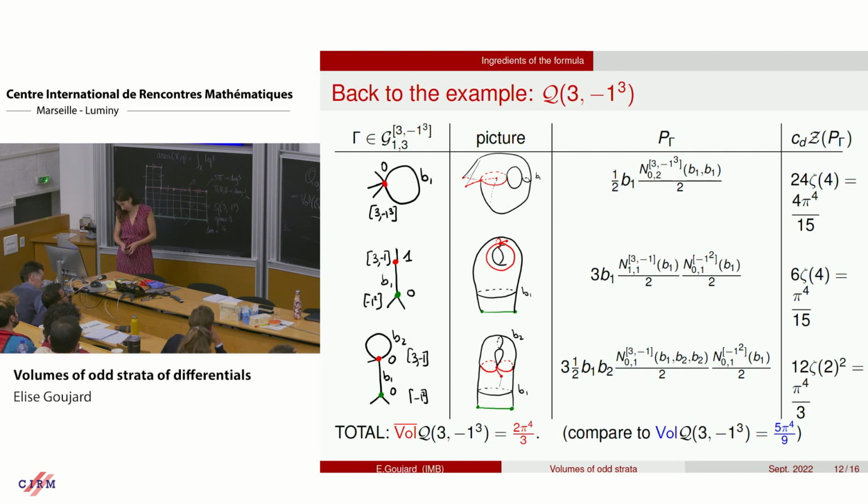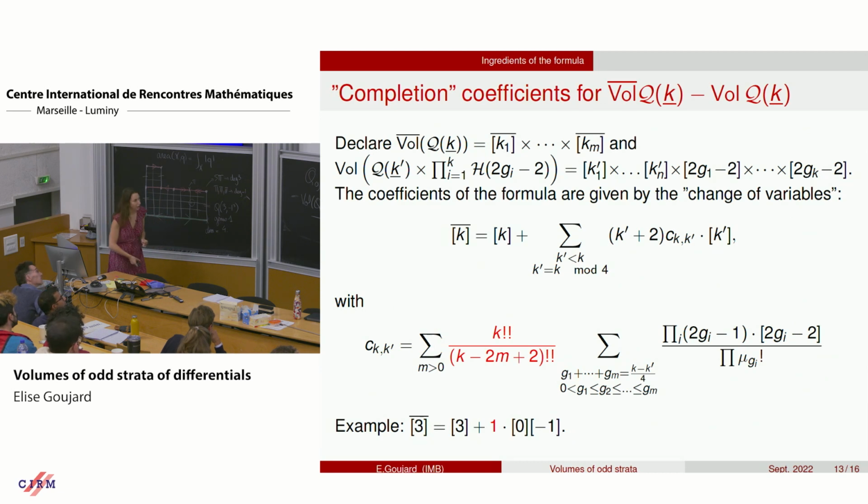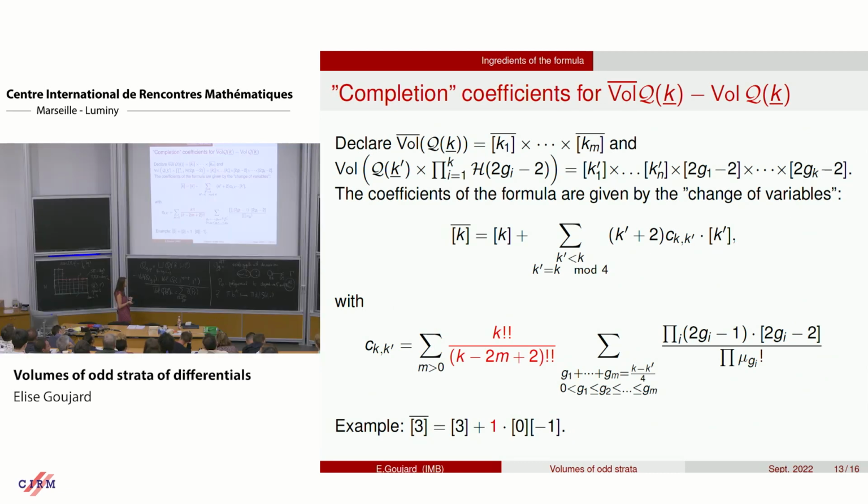And now I want to come back to this difference between these two computations. Let me first give you the actual formula. The story here is a bit funny because one year ago in Oberwolfach I presented this work in progress. It was already in progress at this time, and I presented a list of examples of small strata with some coefficients appearing that we couldn't explain at the time.